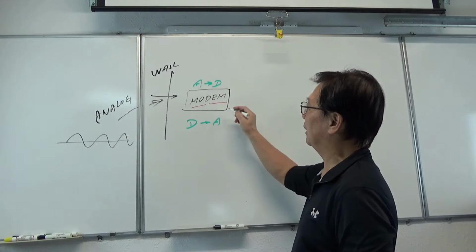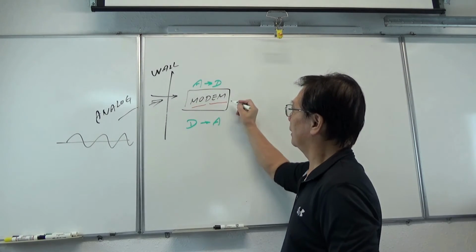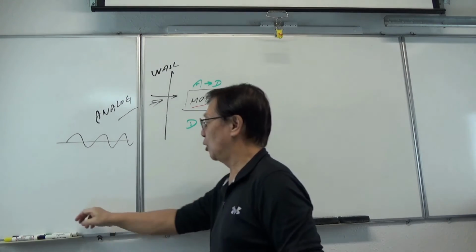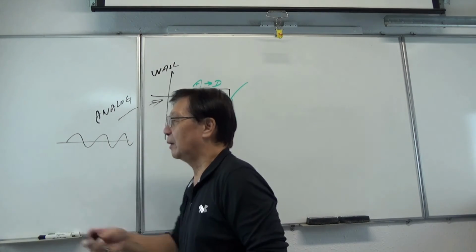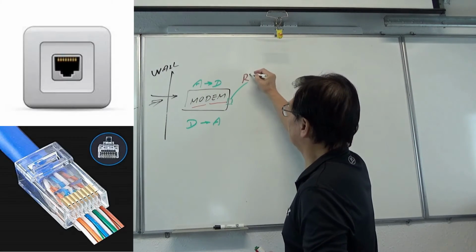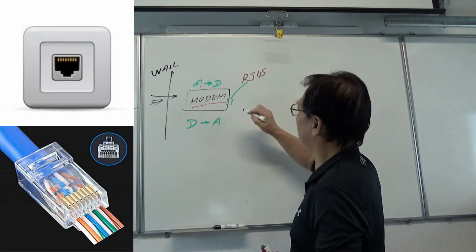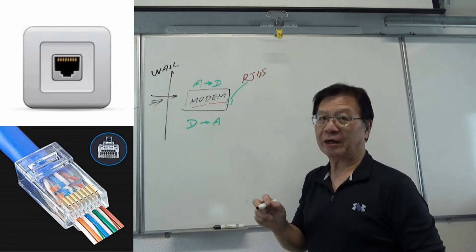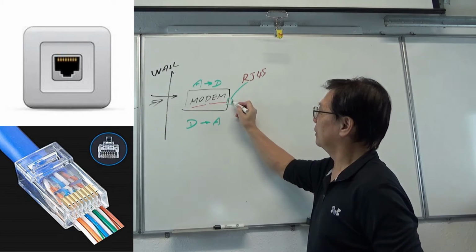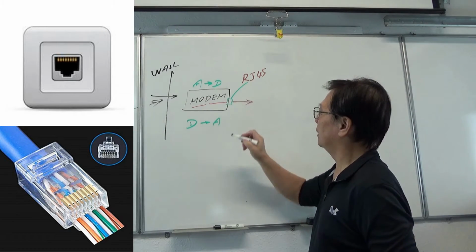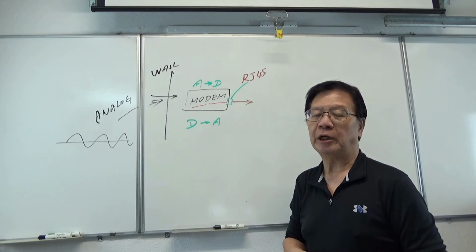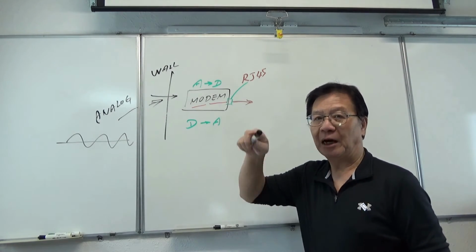Because the signal is going in and getting out, there is a port. This port's technical name is RJ45. RJ is a registered jack, that's it, number 45. And the signal coming out of this is digital. In other words, it is only up and down, up and down.